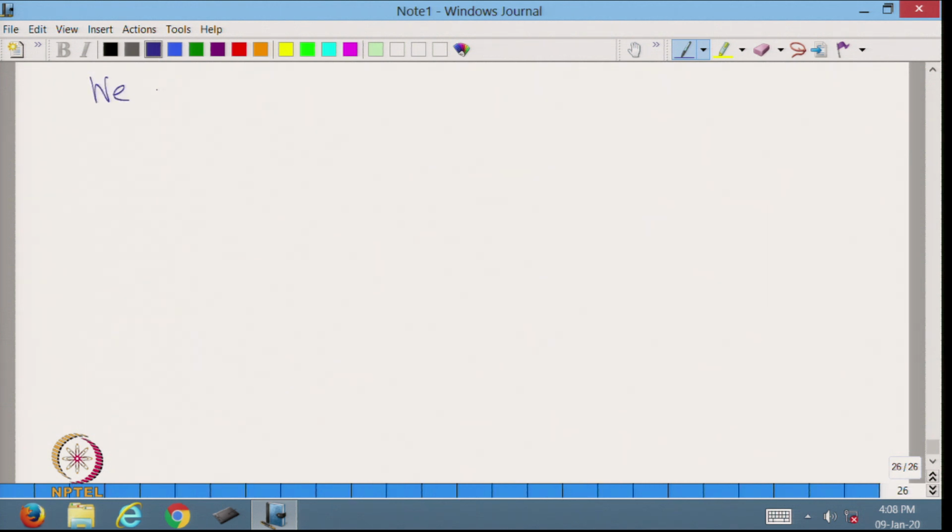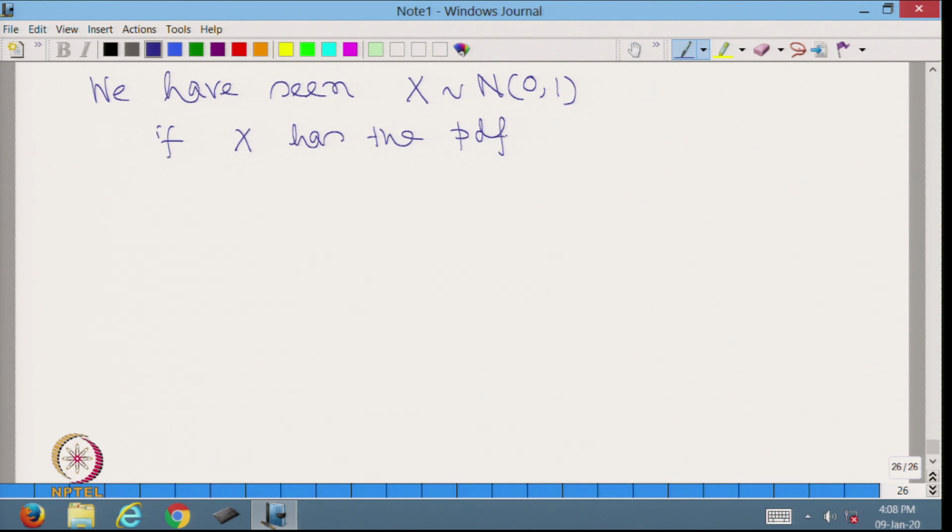In the last class, we have seen that x is distributed as normal 0 1 if x has the PDF 1 over root 2 pi e to the power minus x square by 2, when minus infinity less than x less than infinity.